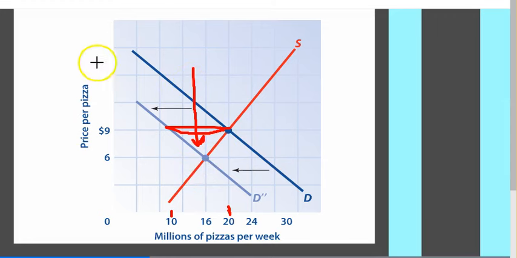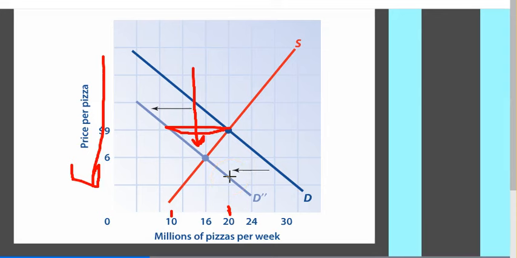As prices fall, quantity demanded is increasing as we travel along this demand curve, and the quantity supplied is decreasing as we travel along this supply curve. Because remember, we learned when prices change, we travel along curves. We don't shift curves.